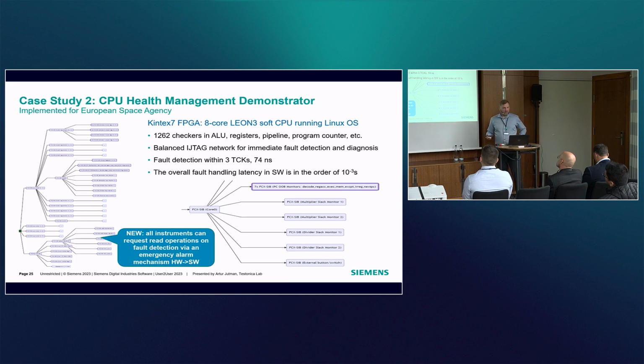That's very important to have it well balanced, so that the most important checkers would have higher priority to send data through the scan chains, while the least significant checkers would be sitting deeper in the hierarchy. This project was delivering successful results. It was implemented for the European Space Agency, actually.